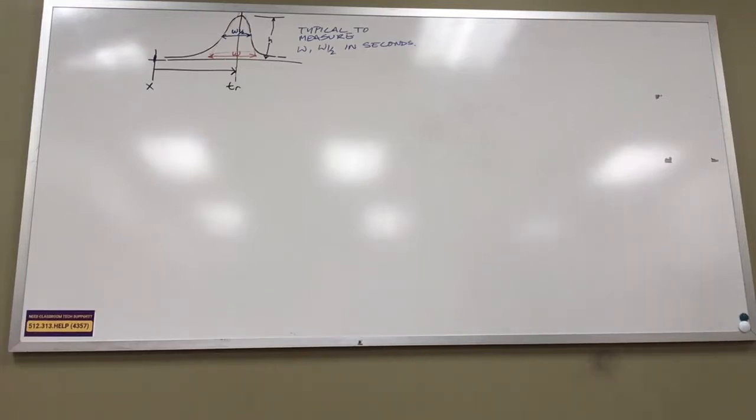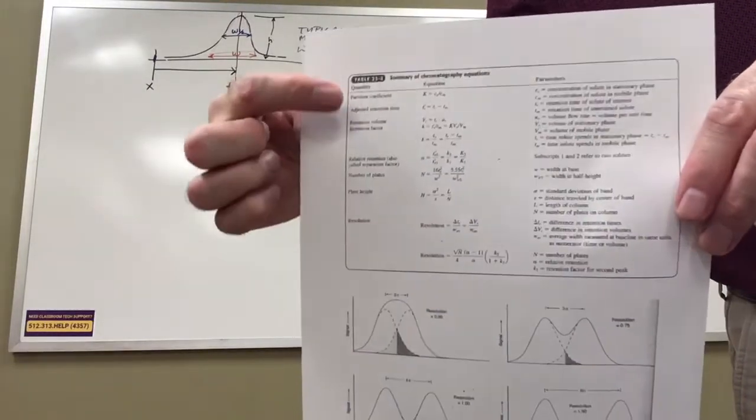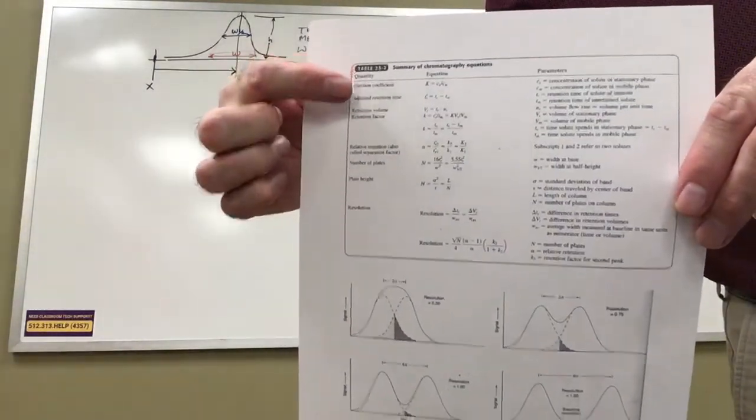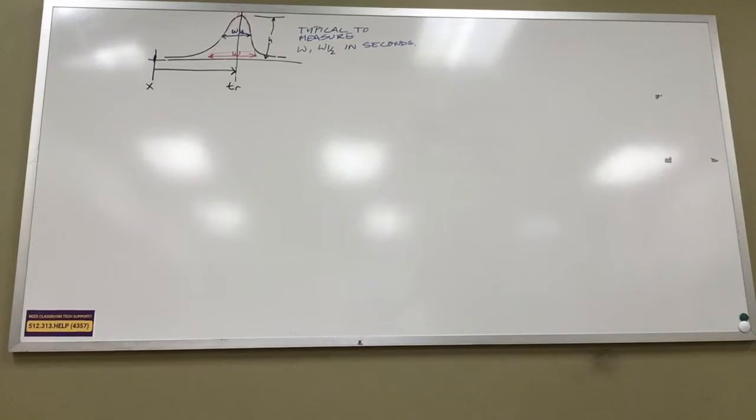That piece of paper has two sides. For those of you watching at home, this is the back side. It has a little table of equations that we're going to use, and then a picture on how to resolve two Gaussian peaks. When you look at the equations, at some point, we are going to divide retention time by width.